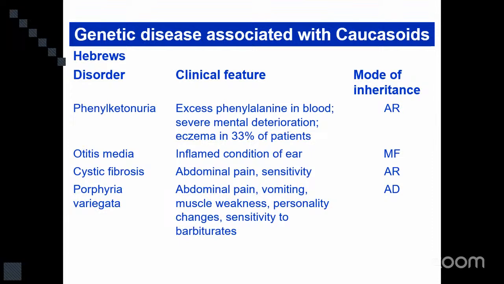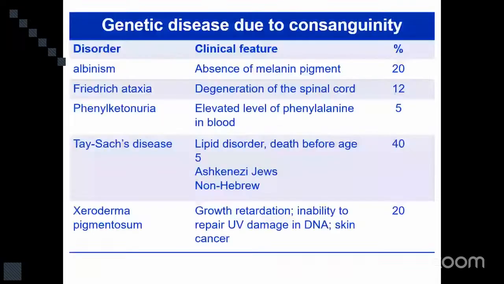These are classical cases of conditions associated with them. Then congenital disease and genetic conditions due to consanguinity, that's mating of closely related individuals. Albinism is a classical case. Friedreich's ataxia, phenylketonuria, Tay-Sachs disease, xeroderma pigmentosum.